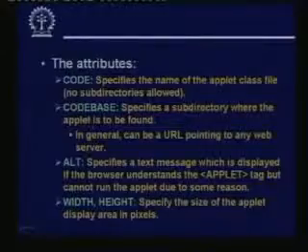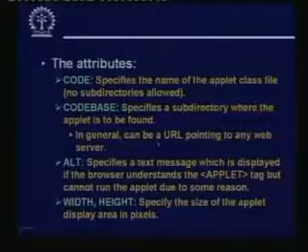But the only constraint I have here is that the Java applet I have downloaded can communicate only with the web server from where it was downloaded, not with the web server from where I got the HTML file. So, a Java applet which is stored at some other site, I can also include in my HTML document. So, in code base you can have a URL which can point to any web server in general.